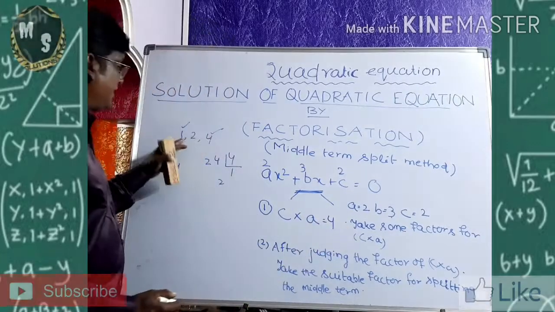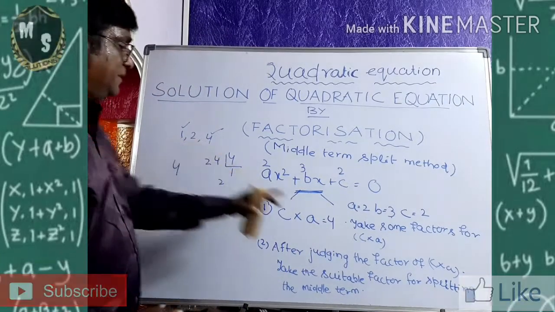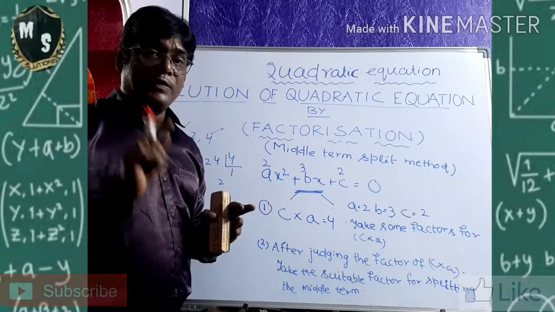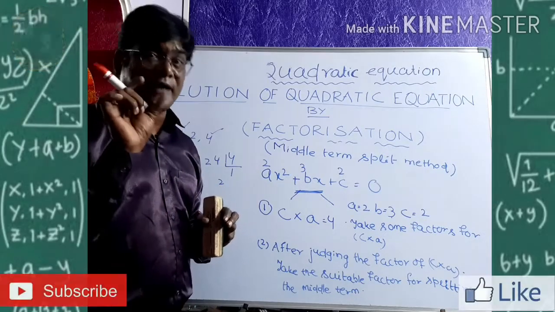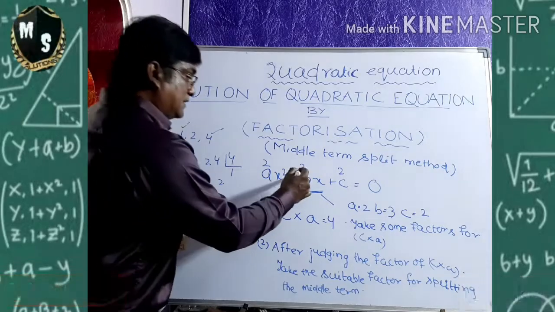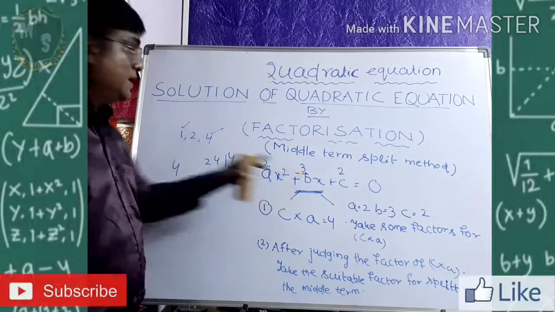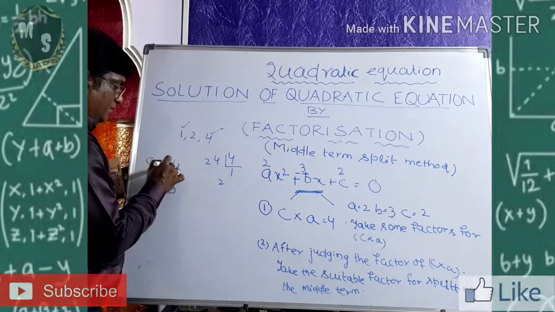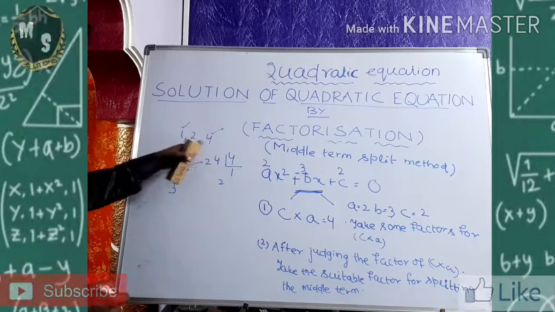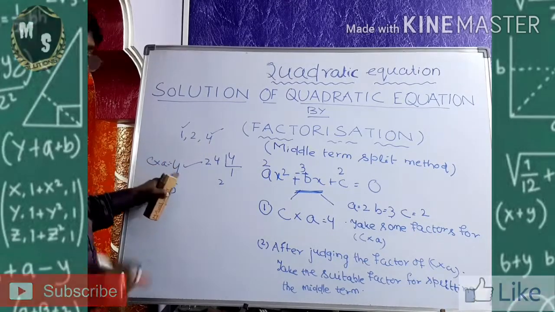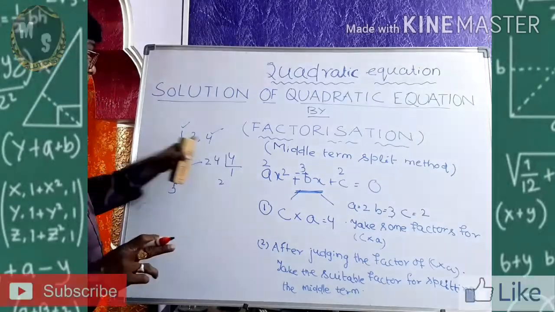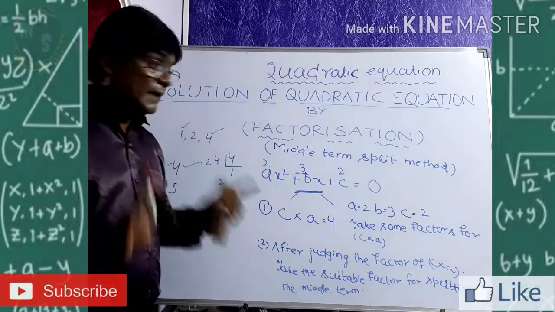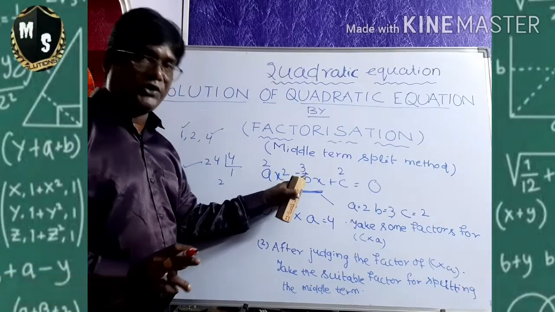But this is the important step: when you add or subtract those two factors, your B must come. What is your B? 3. When I add 4 and 1, 5 is coming. By taking 4 and 1, C into A 4 is coming, which is right. But when I add or subtract 4 and 1, my B must come. My B is 3.